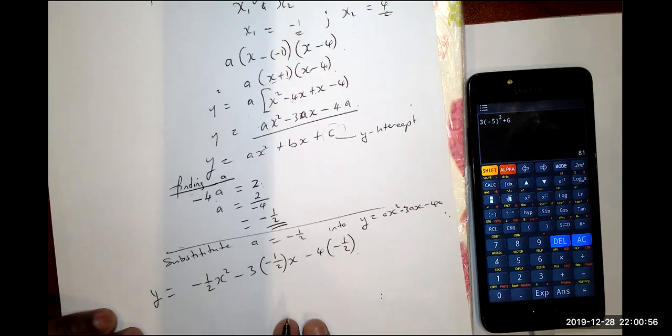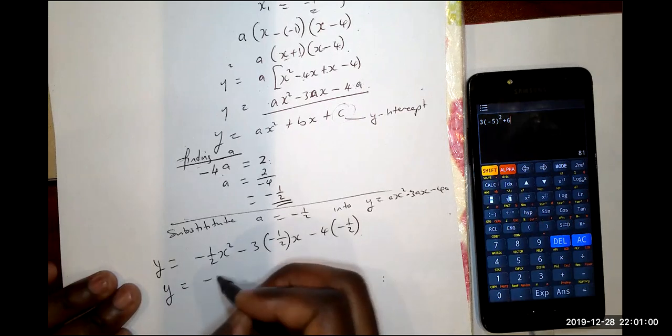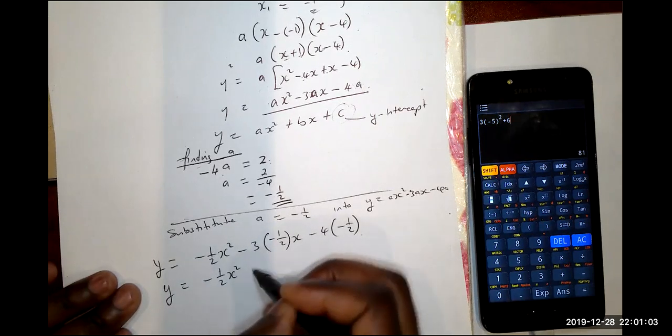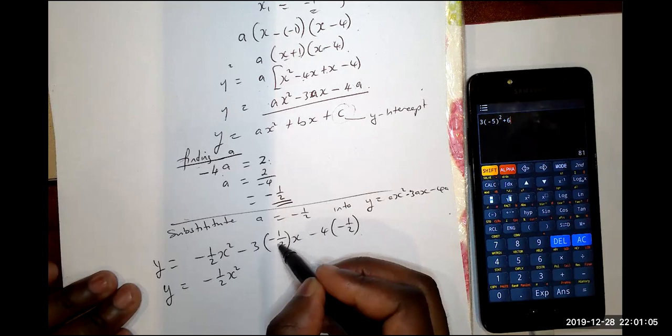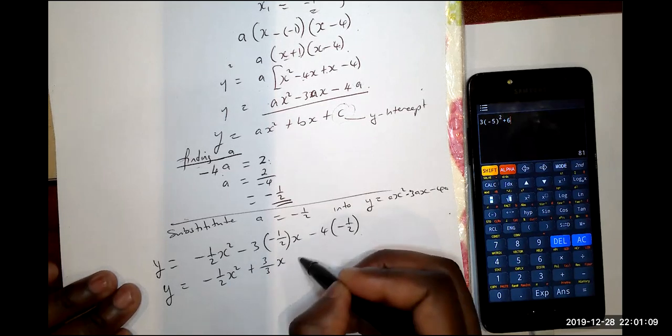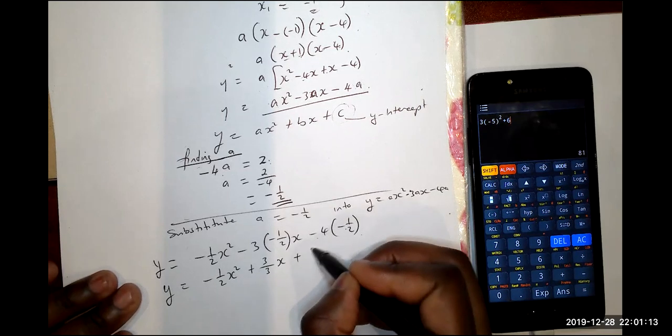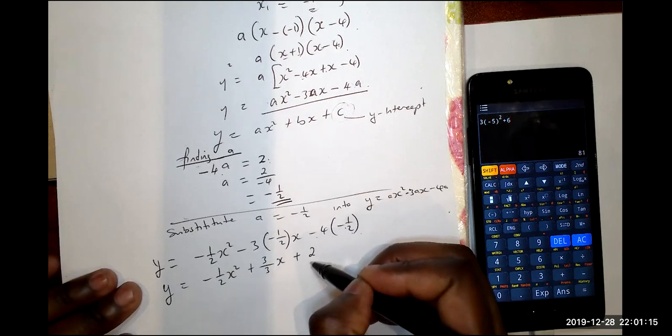Now you calculate: y is equal to minus 1 over 2 x squared plus 3 over 2 x plus 2, because minus times minus gives positive, and 2 into 4 is 2.